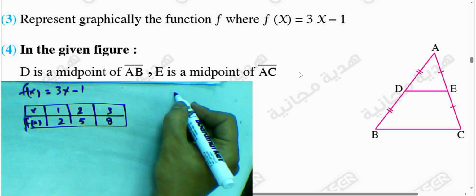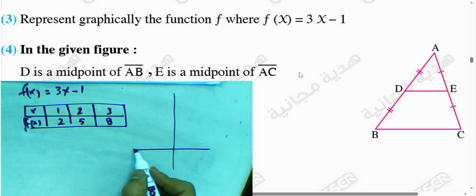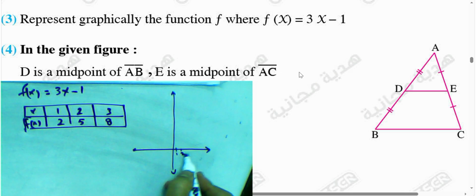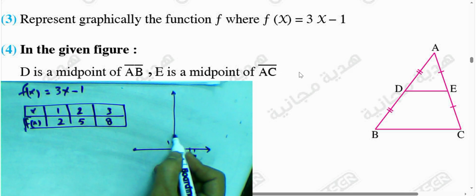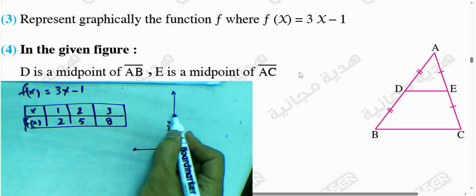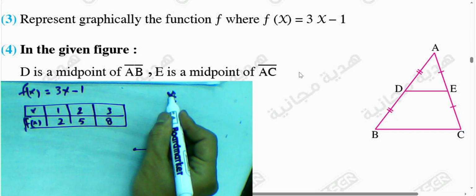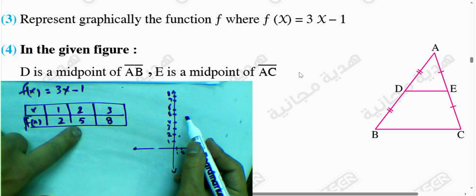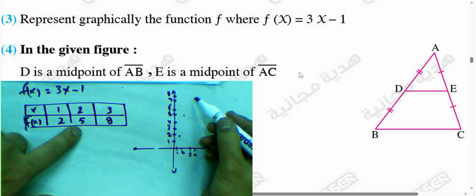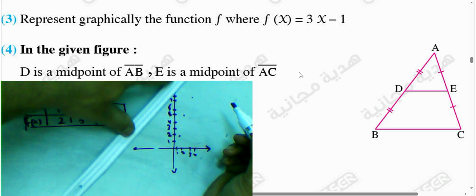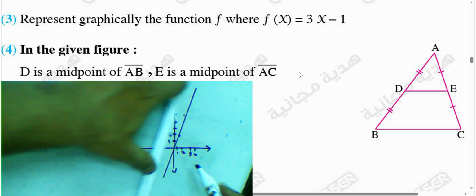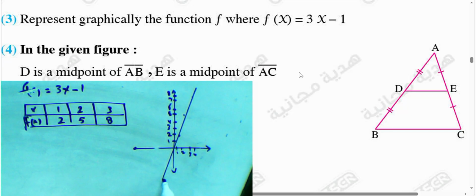And then draw the x-axis and y-axis like this. Put the points 1, 2, 3, 4 and here 1, 2, 3, 4, 5, 6, 7, 8. From 1 to 2, from 2 to 5, from 3 to 8, and then use a ruler or anything you have to draw the straight line like this.